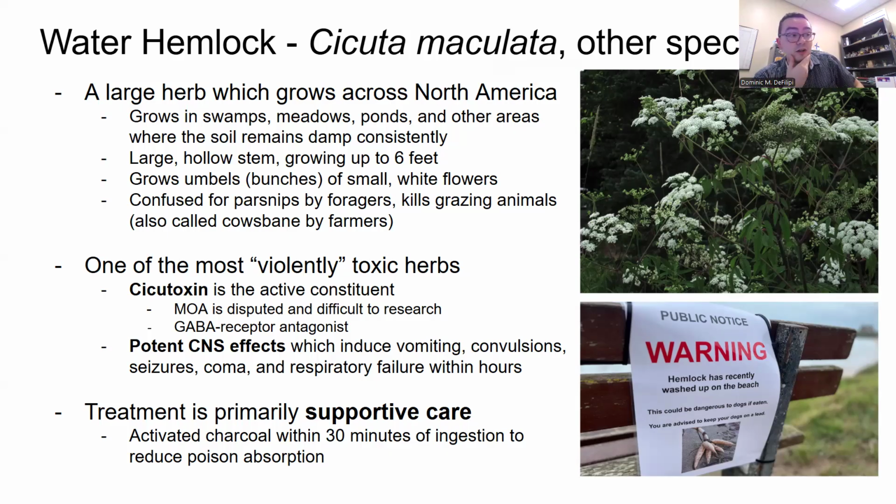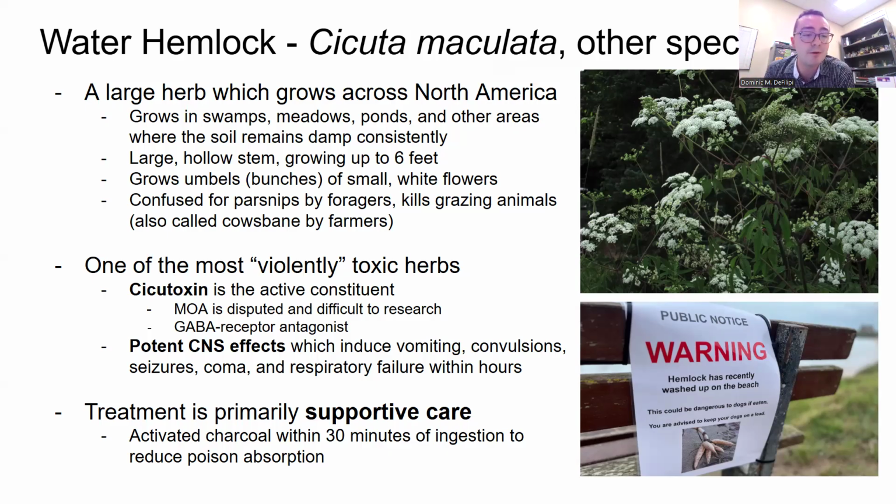And also, the toxin itself, cyclotoxin, degrades almost immediately upon release from the plant. So unless it's been ingested and it goes into your body, they can't really study it outside of the plant, and it doesn't keep well.